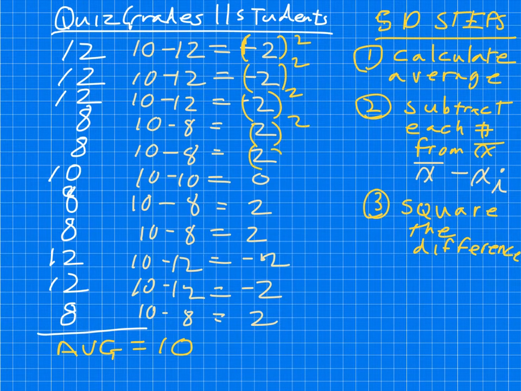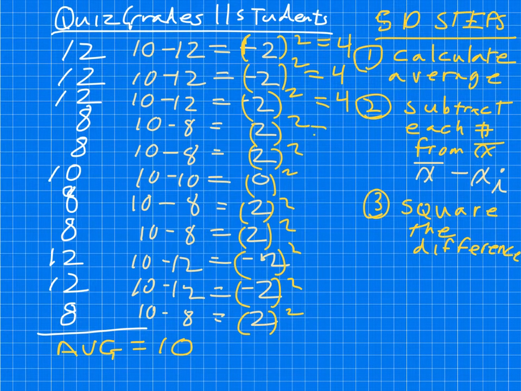Now, because we're dealing with some made-up data, squaring here is going to be pretty simple. 4, 4, 4, 4, 4.